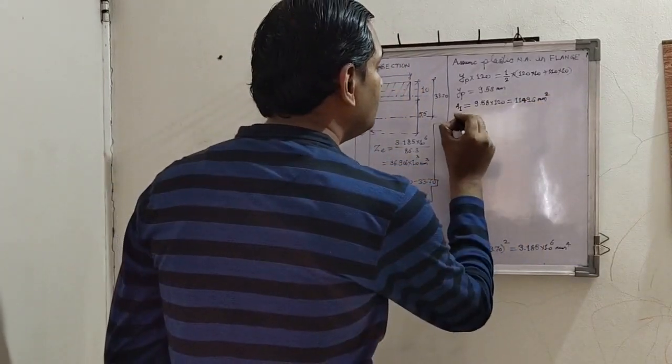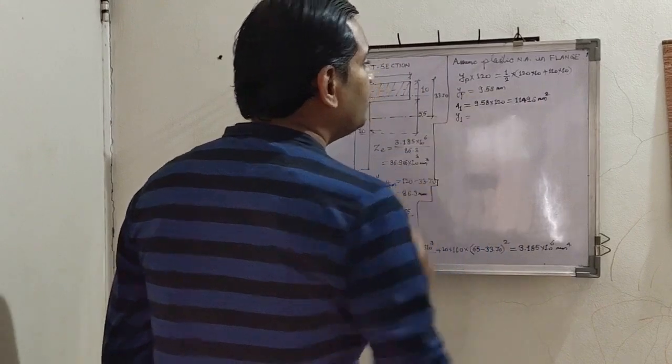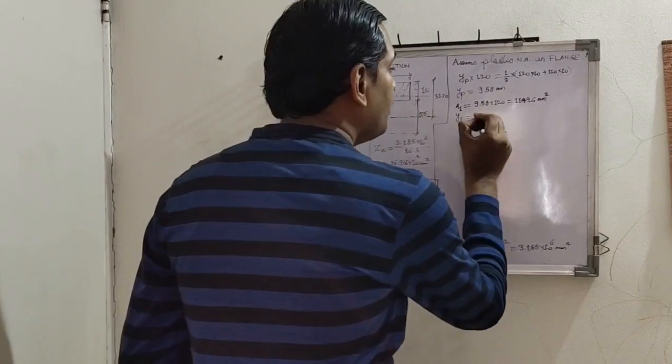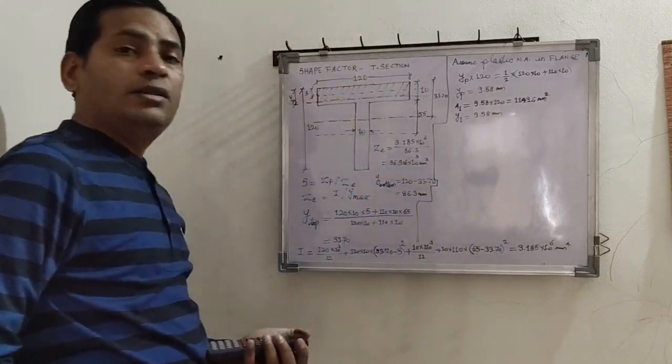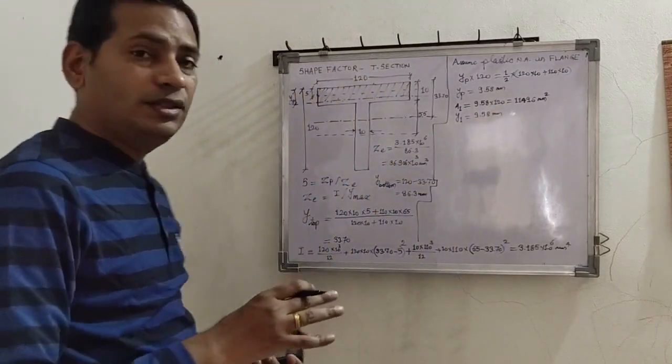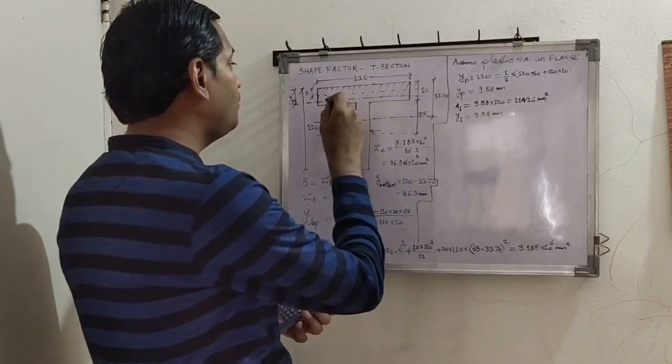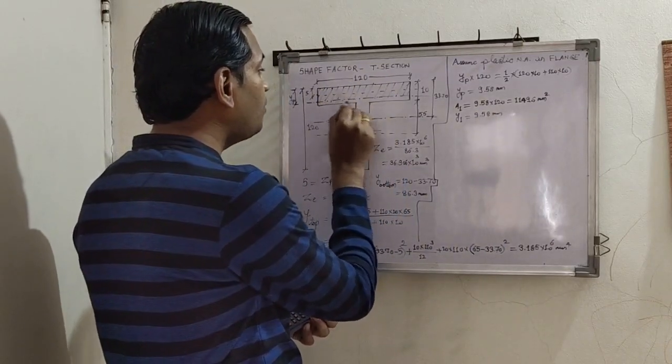What is Y1? Y1 is nothing but YP, 9.58 mm. Now there are two parts below the plastic neutral axis. One is this smaller part.